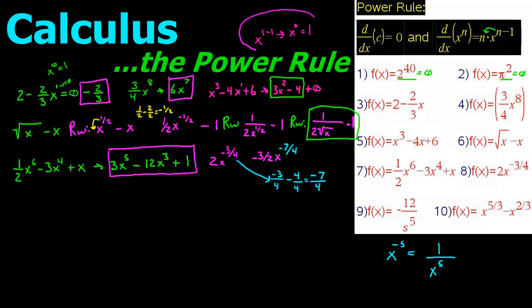So let's rewrite that so it looks pretty. We have a negative 3 over 2x to the negative 7/4 power.